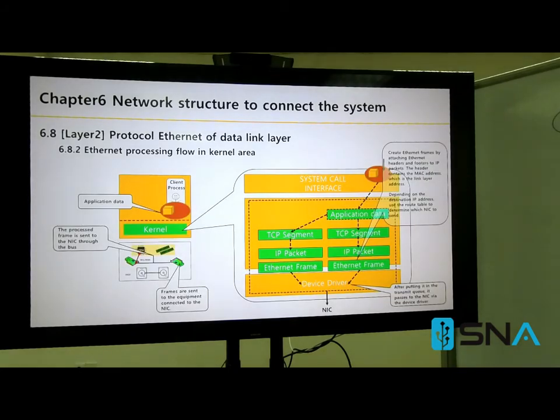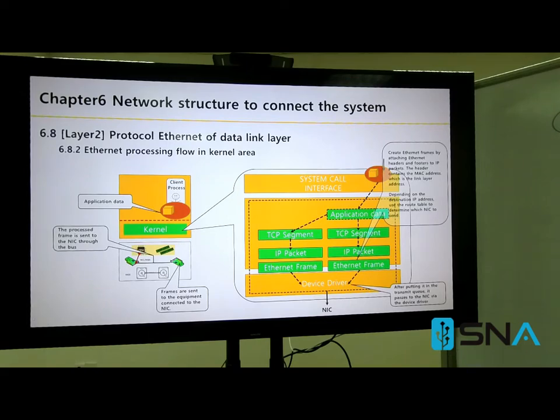This is the Ethernet frame. The application data of the process frame is sent to the NIC. Frames are sent to the equipment connected to the NIC. We create an Ethernet frame by attaching an Ethernet header and footer to the IP packet.